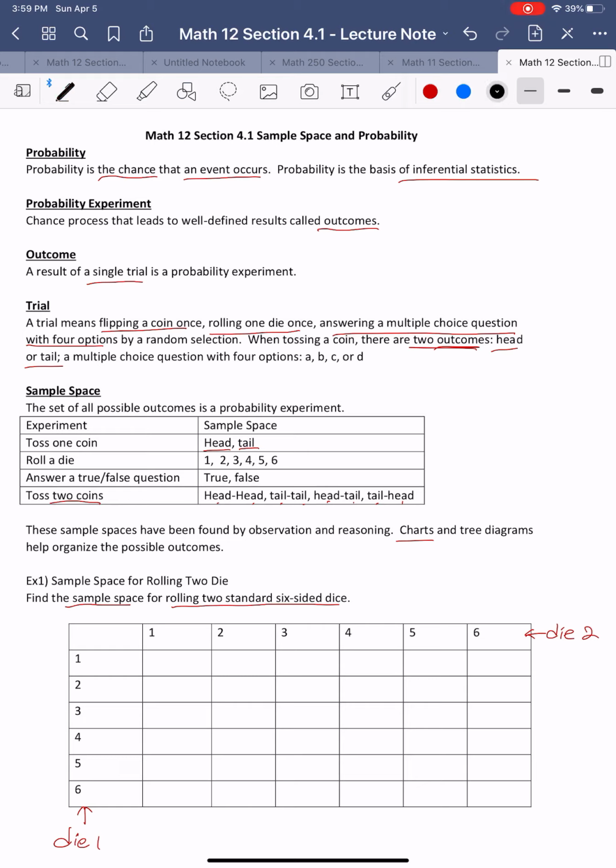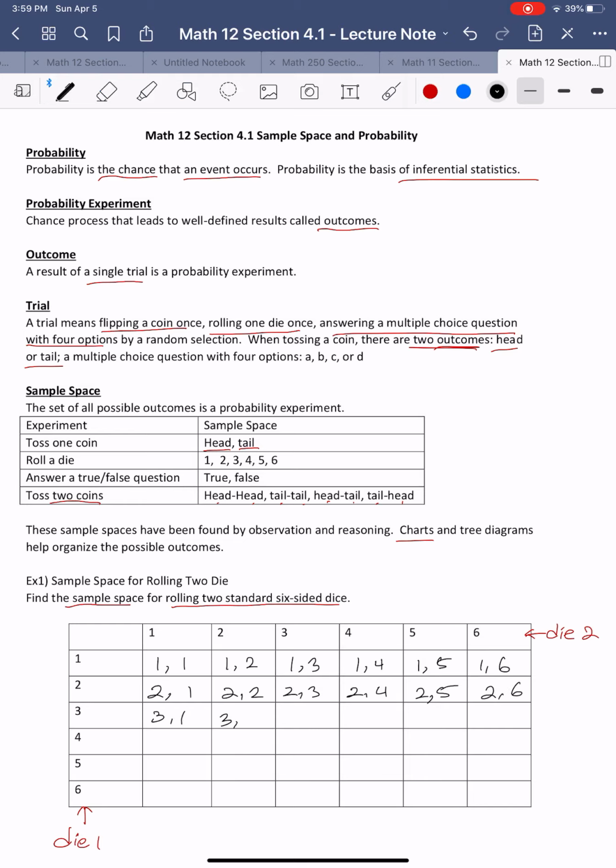Die 1 might be 1, and the other one is 1, then 1-2, 1-3, 1-4, 1-5, and 1-6. So the first die shows 1, and the second die shows 1, then the first shows 1 and the second shows 2. Then it could be 2-1, 2-2, 2-3, 2-4, 2-5, and 2-6.